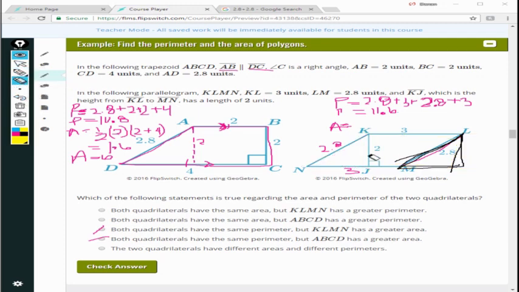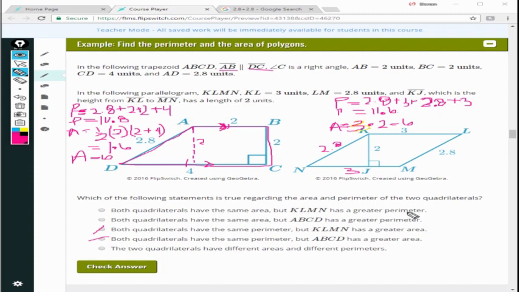And so our base is going to be 3. Can't really see yellow. 3 times 2, which is 6. So the areas are the same. Both quadrilaterals have the same area, but KLMN has a greater perimeter.